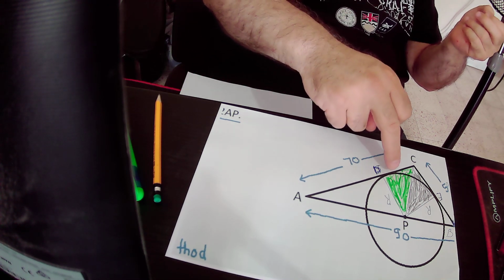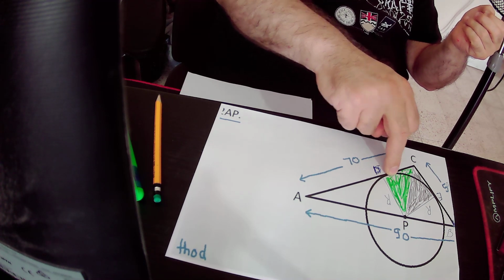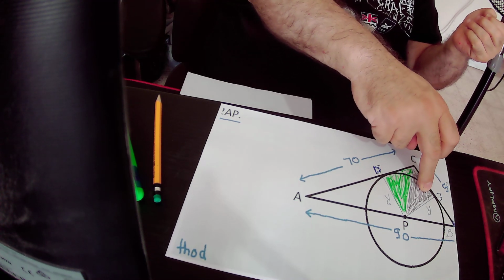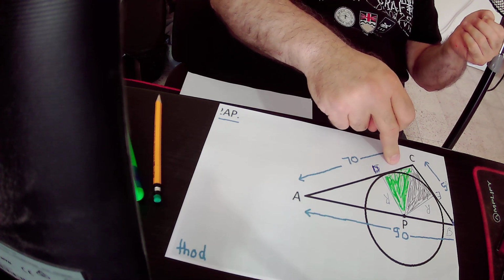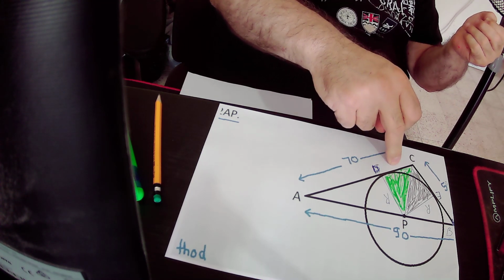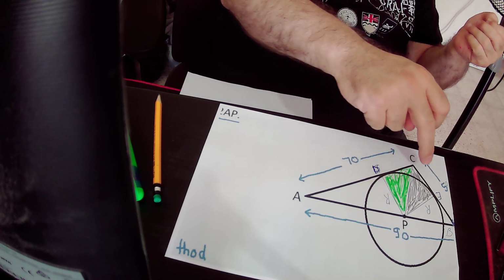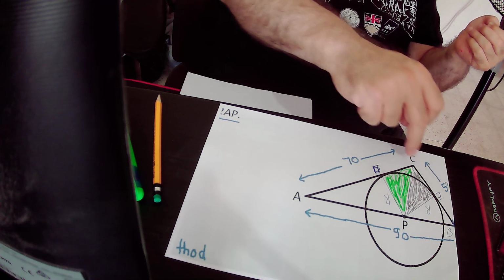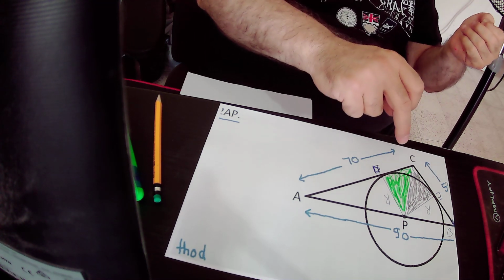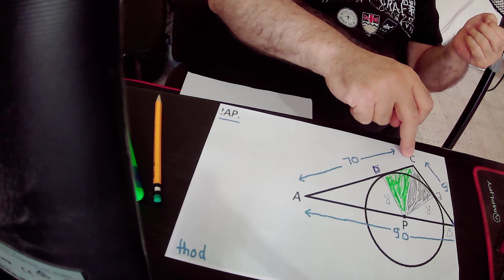The three sides of this triangle equal three sides of this triangle. Why? Because this side CD of the green triangle equals CE of the black triangle, according to our rule about tangents from an external point.